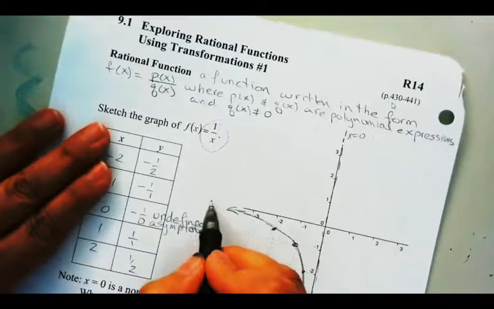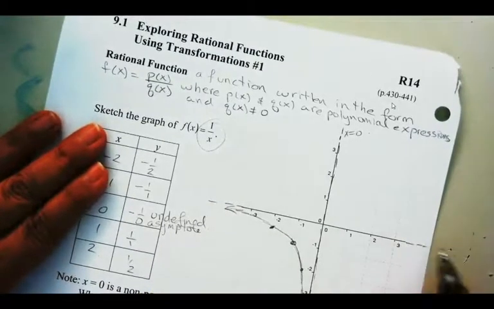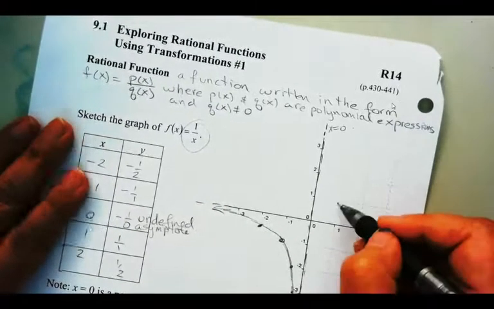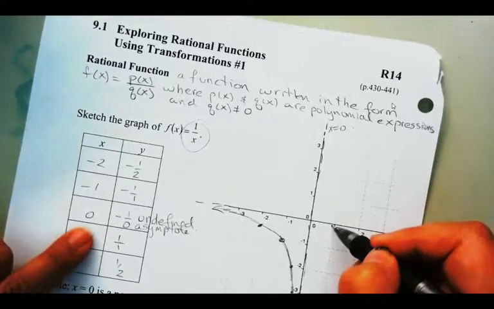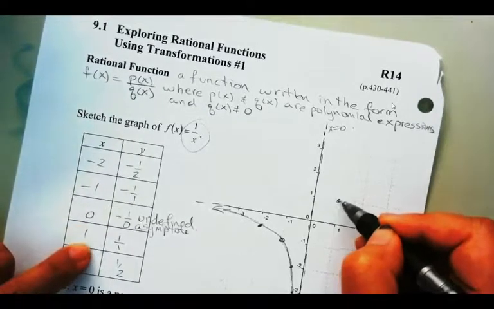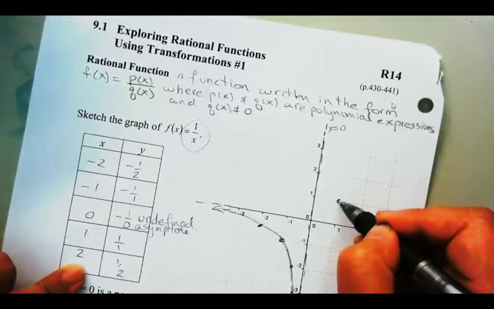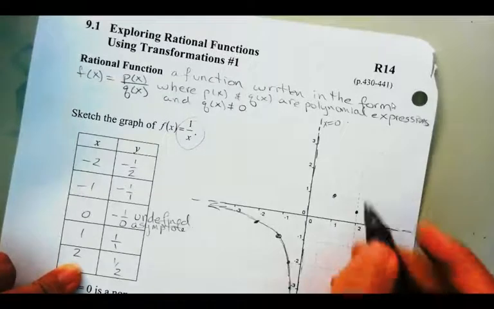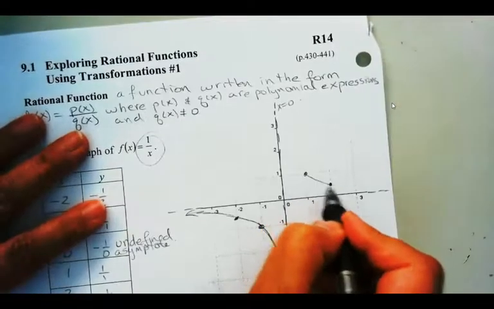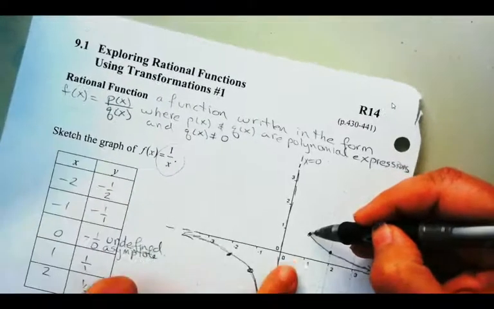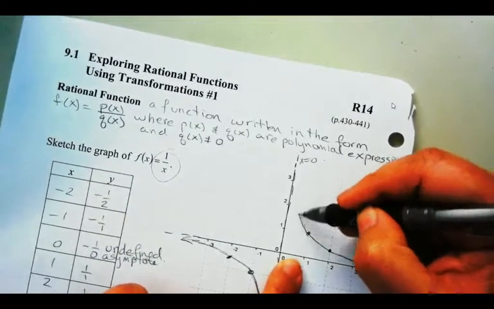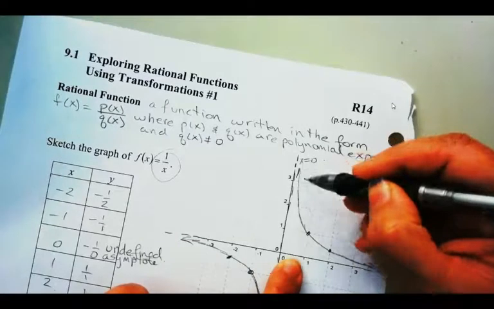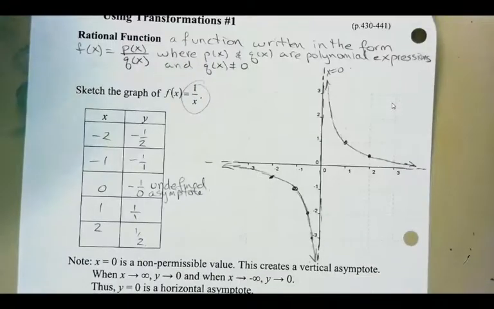We can also draw in this asymptote right here, and then I can draw in the other side. So I've got 1 and 1, which is right here, and 2 and 1/2, and so this is what my graph looks like. And if I were to graph the points with 1/2, I would end up with the reciprocal values. So that's a reminder of what that graph looks like.